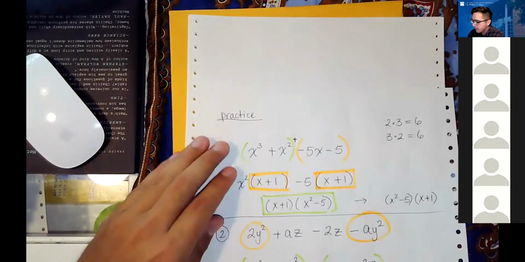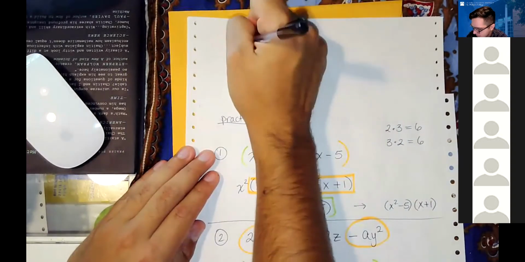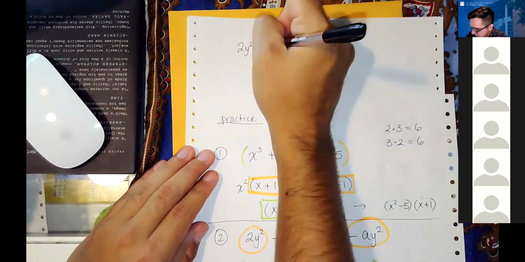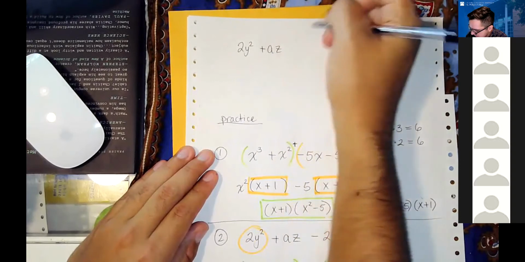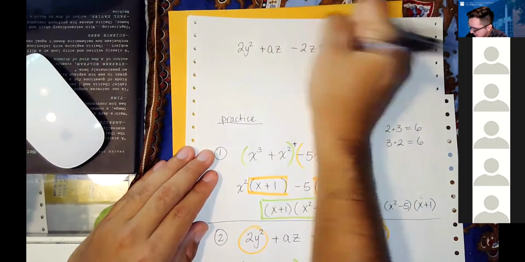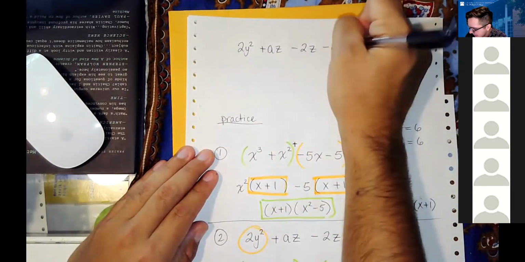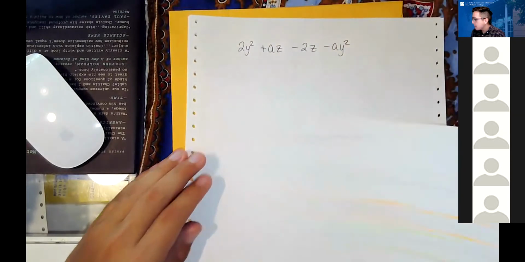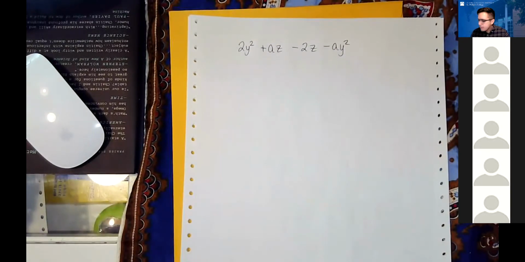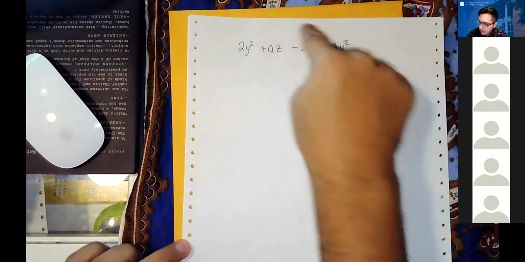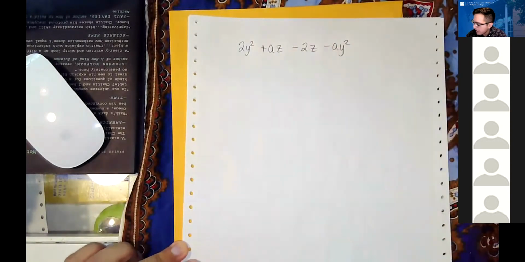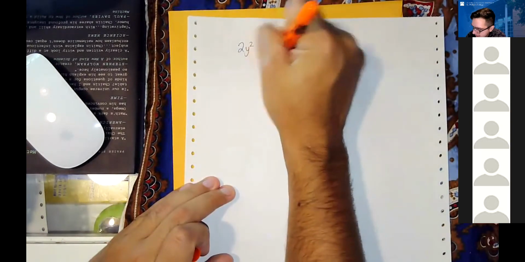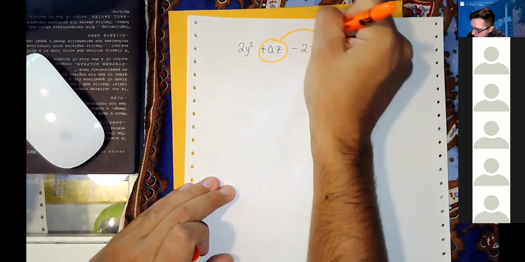fourth term. So we had 2y squared plus az minus 2z minus ay squared. And this time, again, instead of moving this to the second position and scooting everything back, we're going to take the second and the fourth term and swap them entirely.